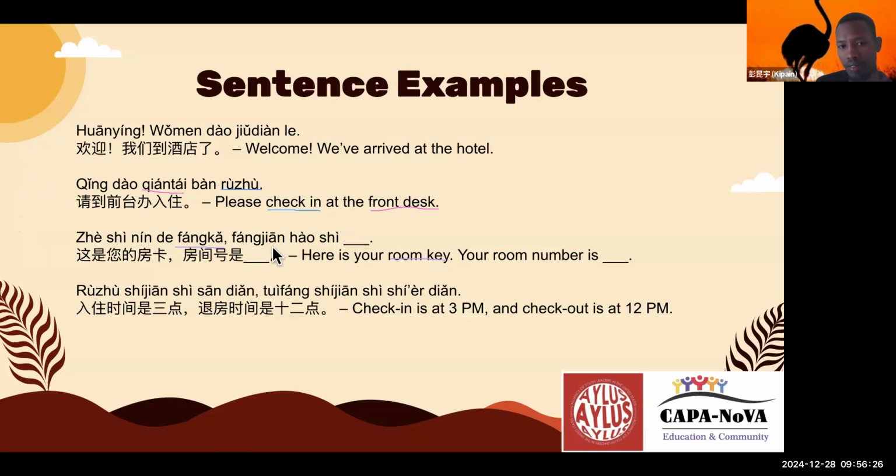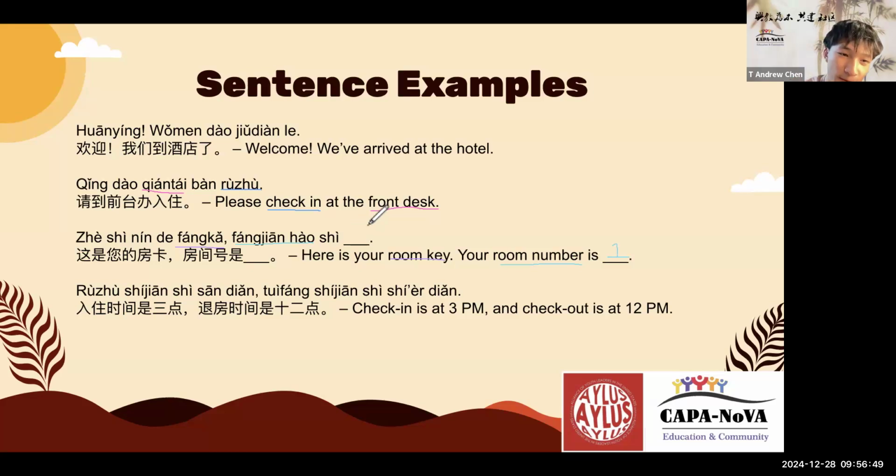And then 房间号. Room number. That's from the vocab. 房间 is room, and 号 is number. So 房间号是, and then let's say it's 1. You can replace it with any number. 是一.